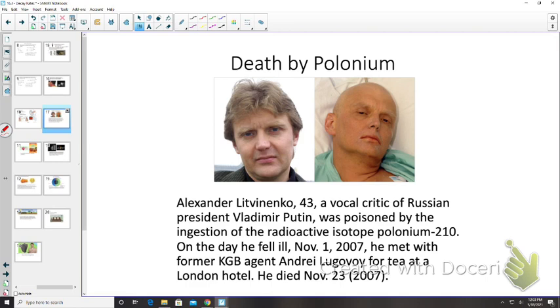And it is hypothesized that this former KGB agent dosed his tea with polonium-210. This is a radioactive element and it can cause death. So this is what happens when you speak back to Putin. So you can die by ingesting radioactive material. Not good.